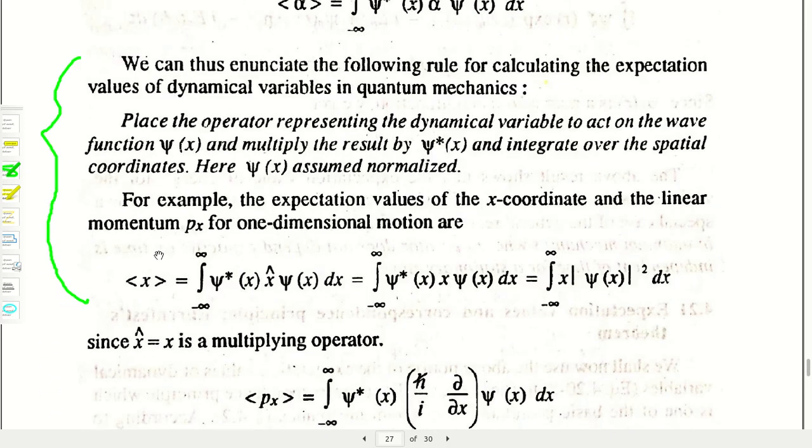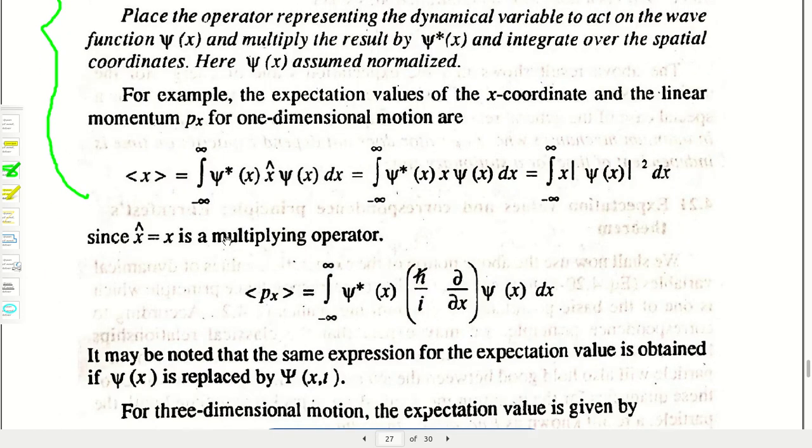Okay, this is written here with some examples. There are 2 examples. One, the expectation value of the x coordinate, that is x, and the x component of the linear momentum px. From quantum mechanics, it is known that the operator form of x is nothing but x, so x is written here.